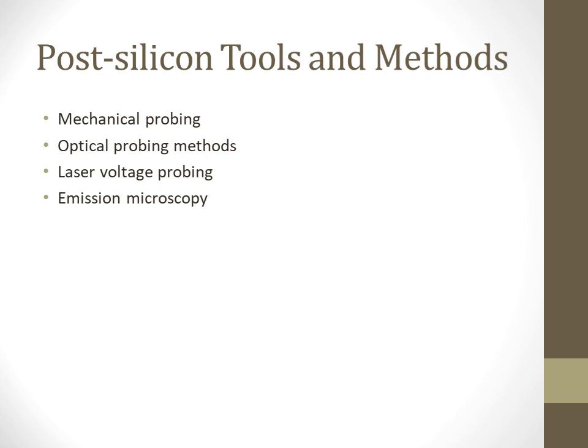One of the oldest is actual mechanical probing, where a very small mechanical probe is used to measure a signal on the device. This is a very time consuming and error prone activity due to the incredibly small dimensions involved in today's devices.